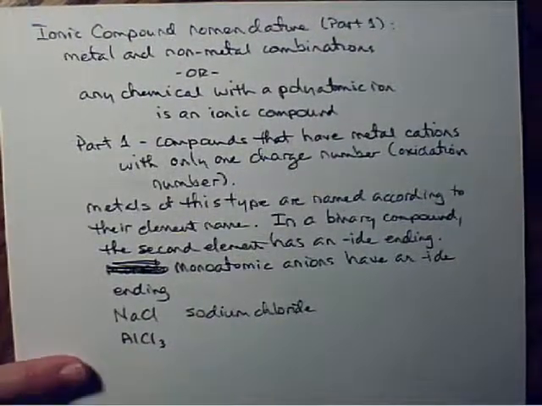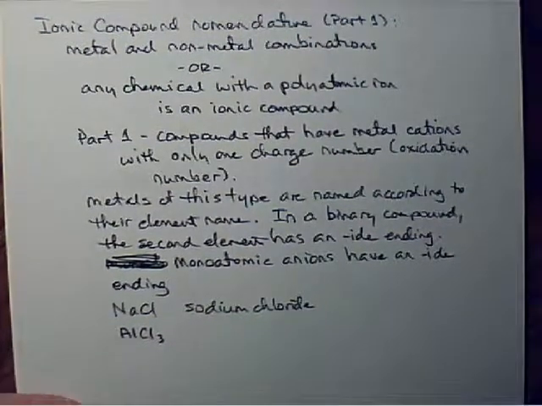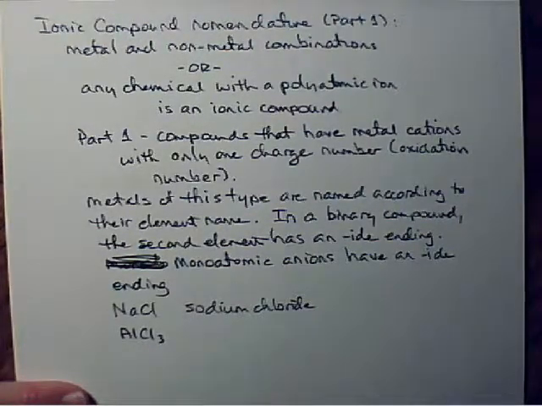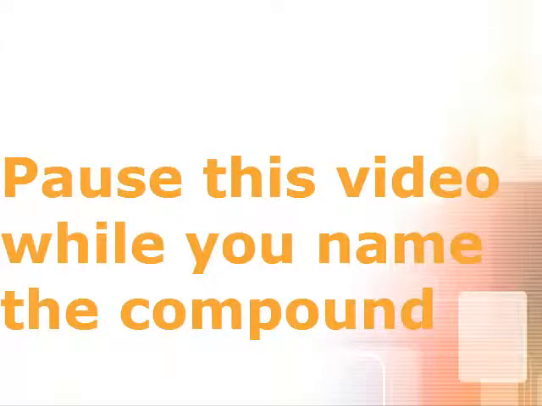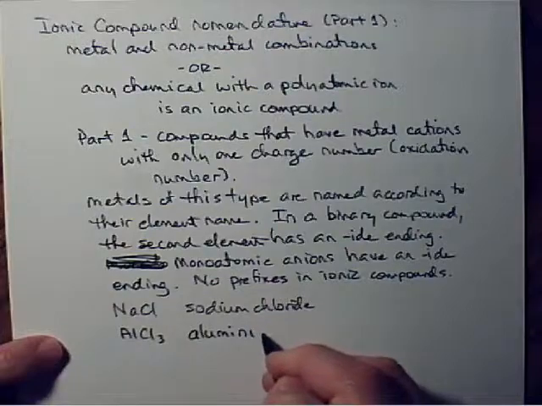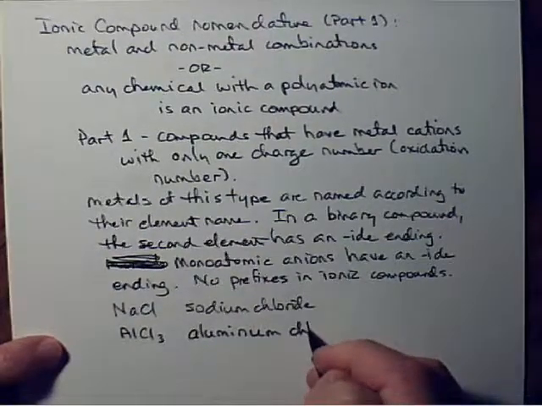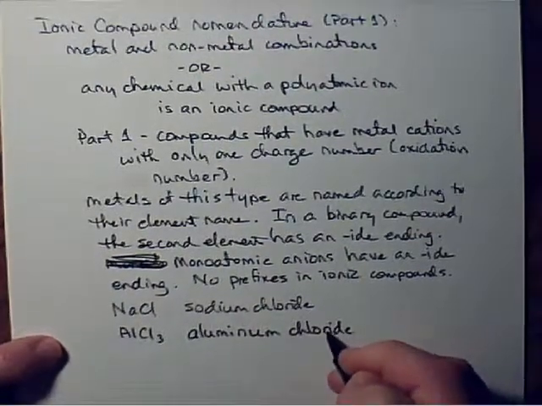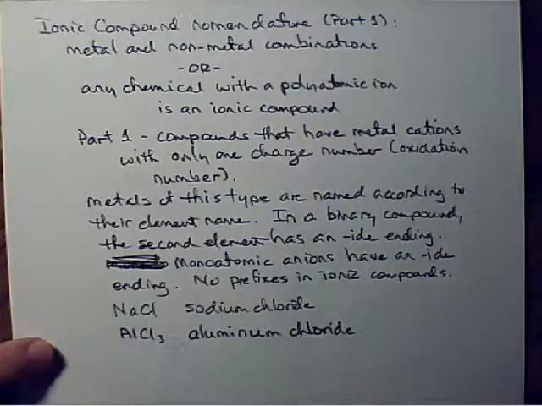Okay, so you name this. No prefixes now in ionic compounds. Pretty straightforward, pretty simple. Aluminum chloride. Okay?